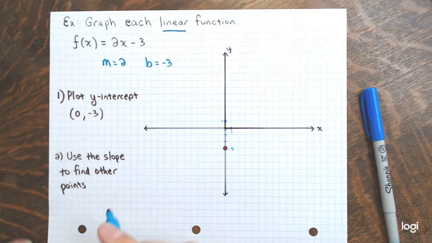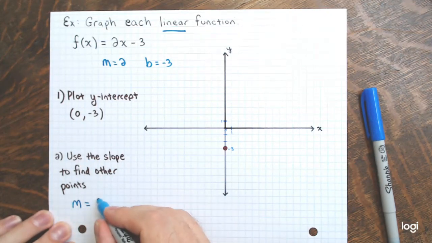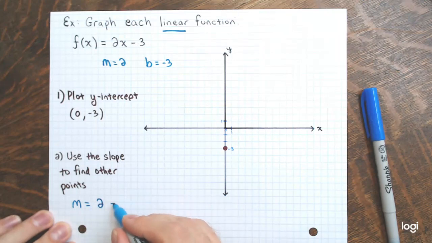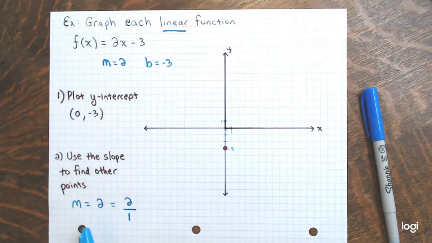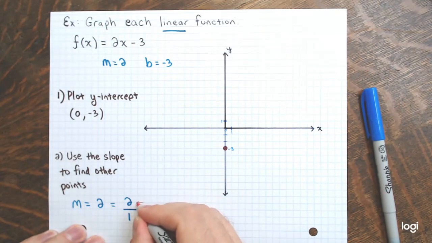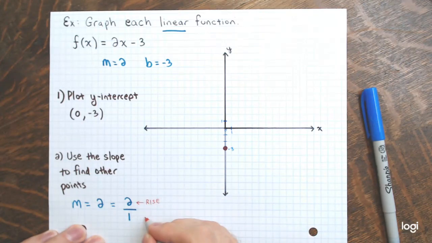I mentioned a second ago that the slope of this line is 2, which if you think of it as a fraction with a numerator and a denominator, is positive 2 over positive 1. Right? 2 divided by 1 is 2. So this positive 2 would be the rise, and this positive 1 would be the run.